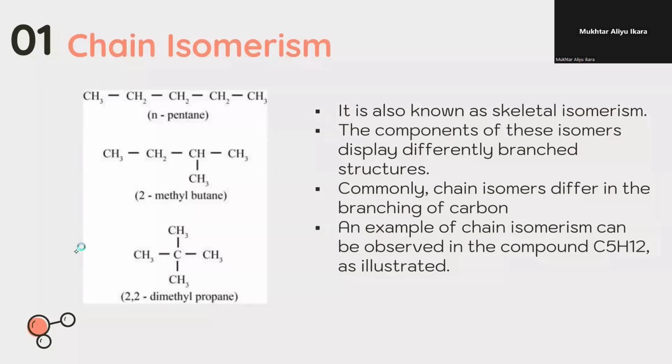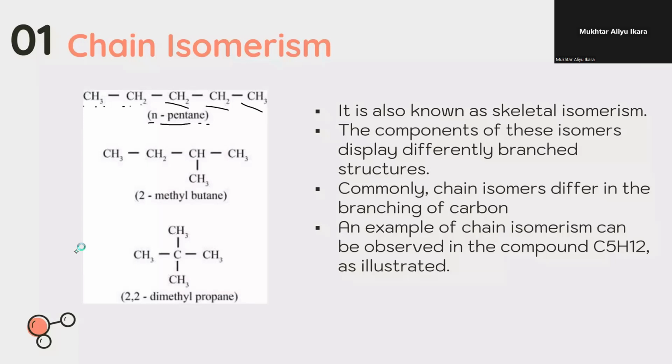For example, let's look at the compound here. You can clearly see that this is 1, 2, 3, 4, 5. So we have 5 carbons and it is all linear, and that is why it's called n-pentane, normal pentane.